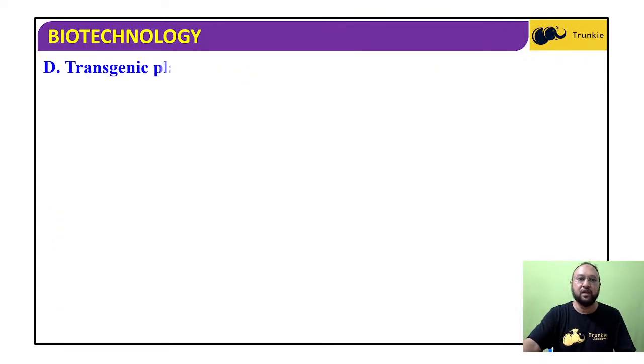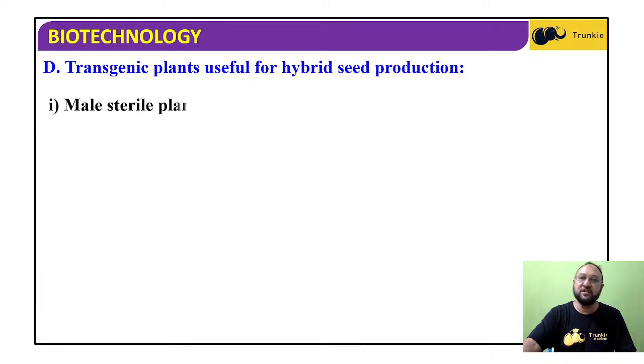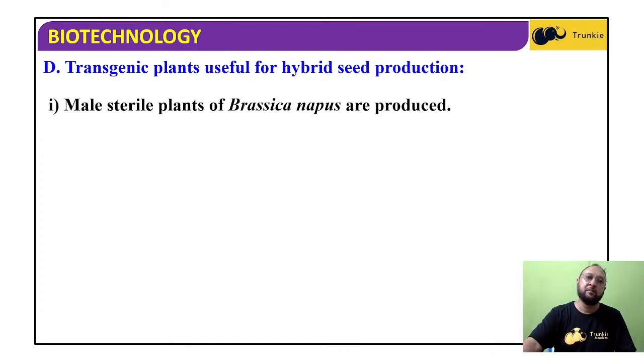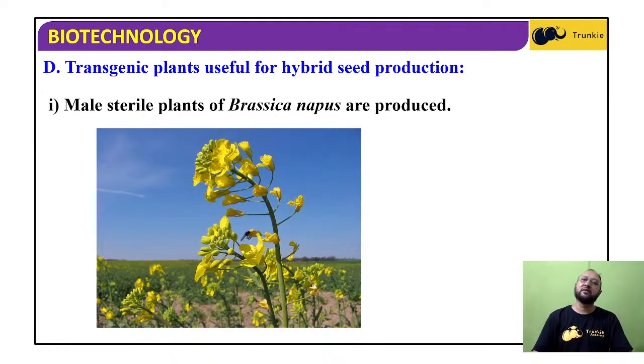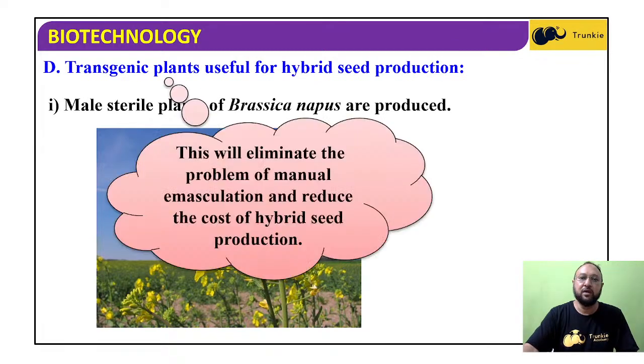Transgenic plants are useful for hybrid seed production also. Male sterile Brassica napus plants are produced for hybrid seed production. This will eliminate the problem of manual emasculation and reduce the cost of hybrid seed.